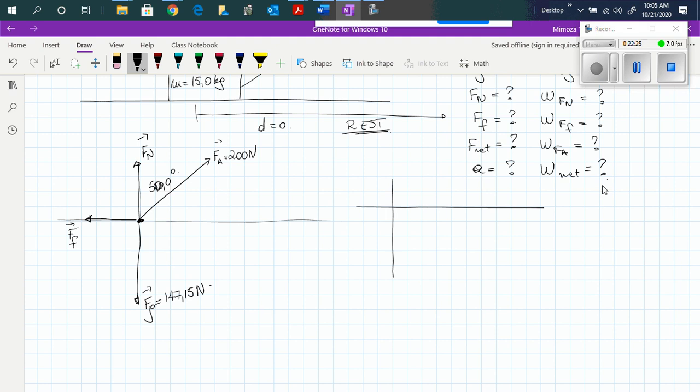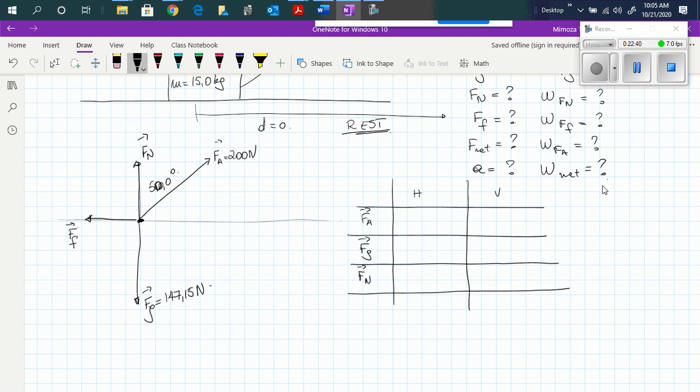Okay, so now let's build the table. Horizontal, vertical, force applied, force of gravity, force normal, force of friction, and then we end up with force net.